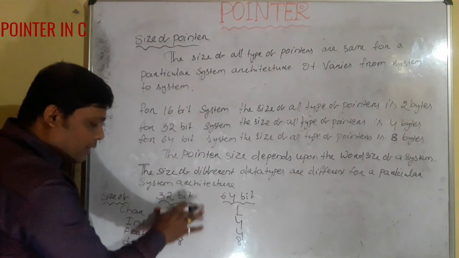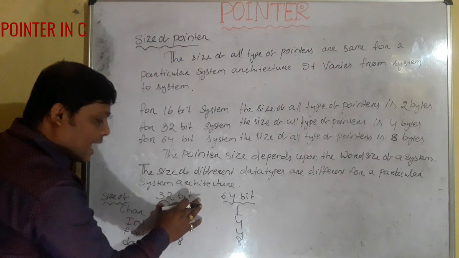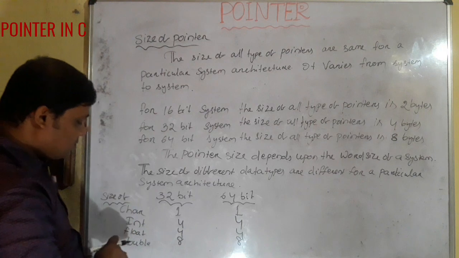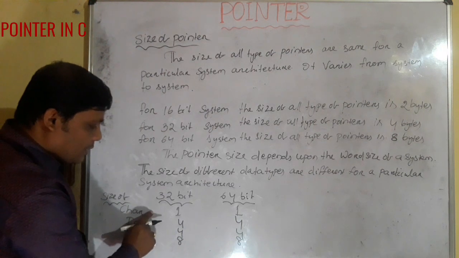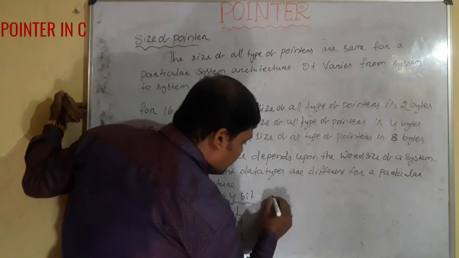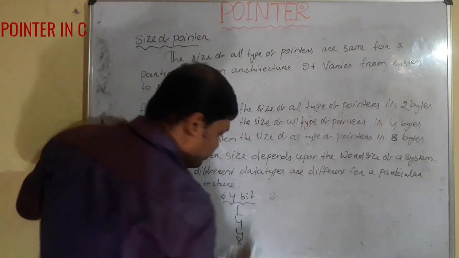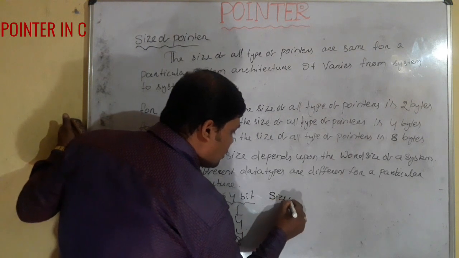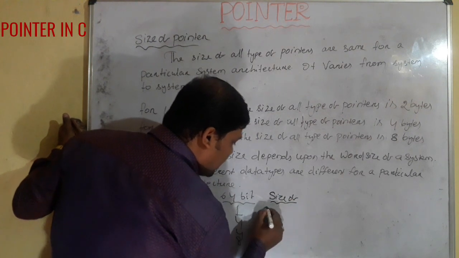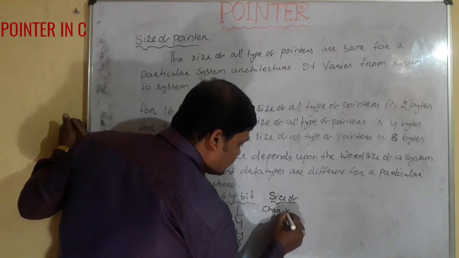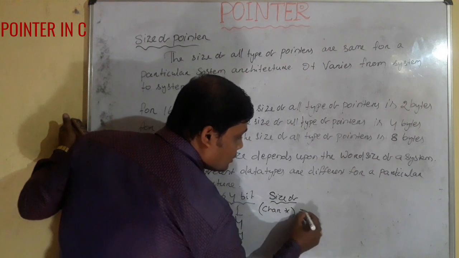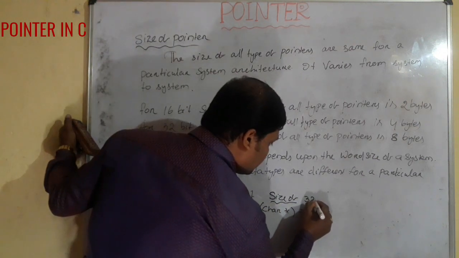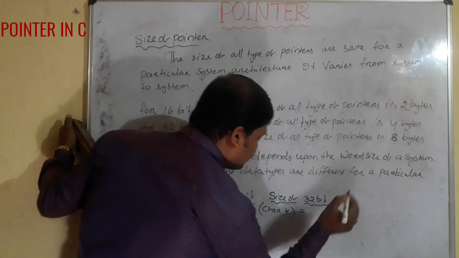But for a particular system, the size of all types of pointers is the same. That means the size of character pointer for a 32-bit system.